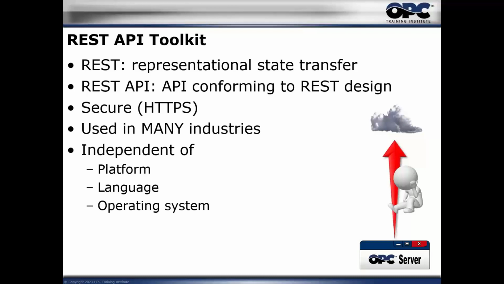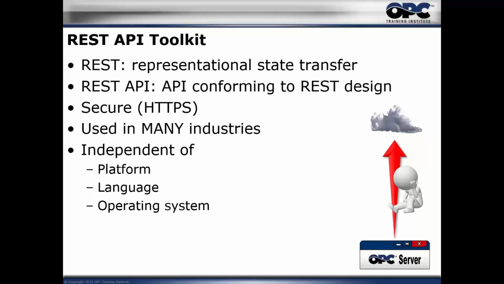Why do people use them? Because number one, they're independent of the platform you're using. So whether you're using a phone or a PC or a Mac or a tablet, it is completely independent of the platform hardware. REST API is also completely independent of the language you're using.